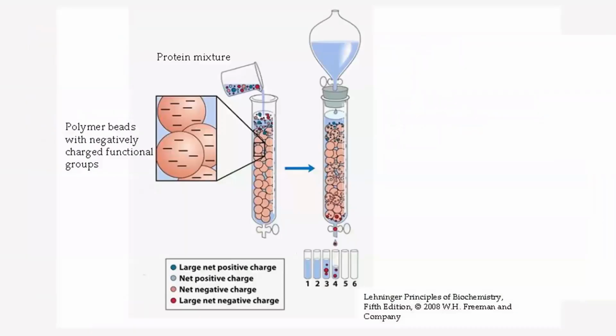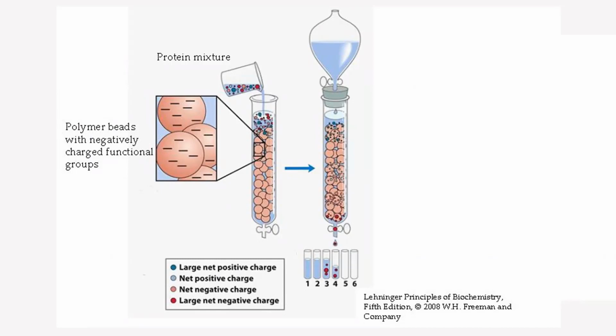Here's an example of an ion exchange column. In this example, the resin used carries a negative charge. Thus, it's an example of a cation exchange column. The mixture of amino acids is poured through the column, and the amino acids will move through the column at rates determined by their net charges.